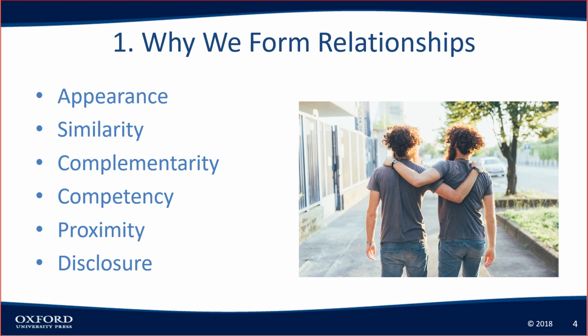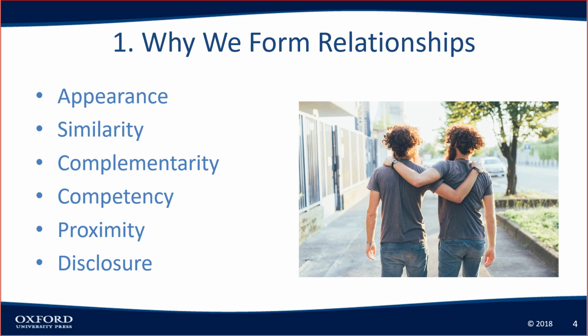Complementarity describes the state, if you will, that each partner's characteristics satisfy the other's. So we help each other, we strengthen each other, etc. Competency will help us communicate at a level that we both understand, and proximity is the distance.